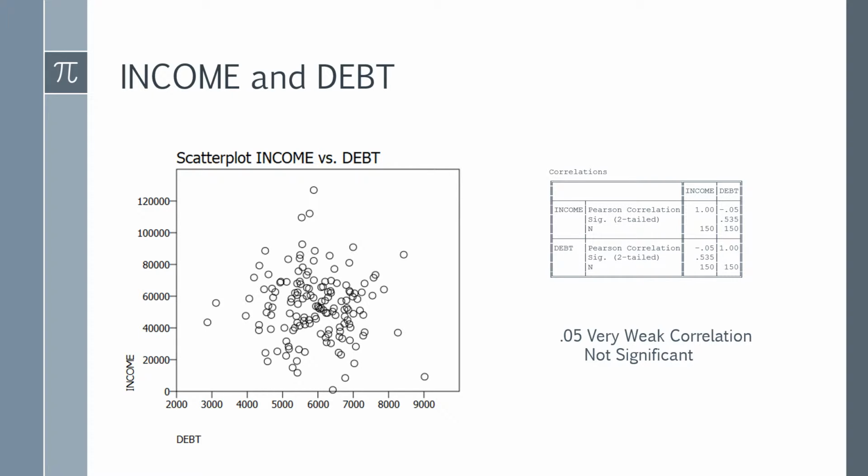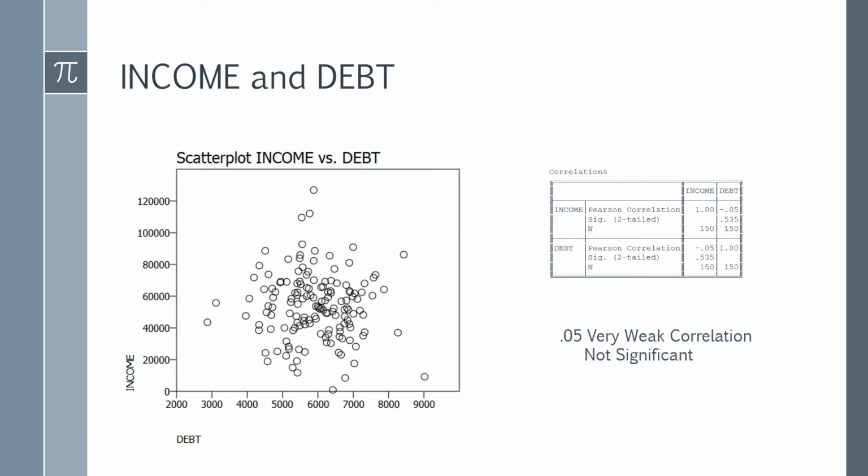For our first exercise, we're going to analyze if a correlation exists between income and debt. After running the software PSPP, we found a 0.05 correlation.